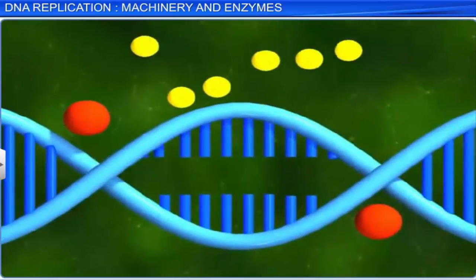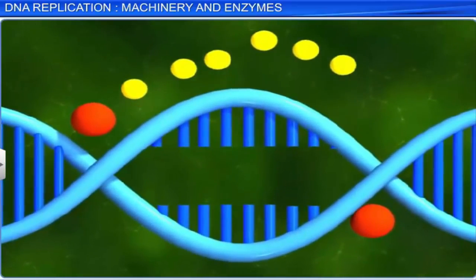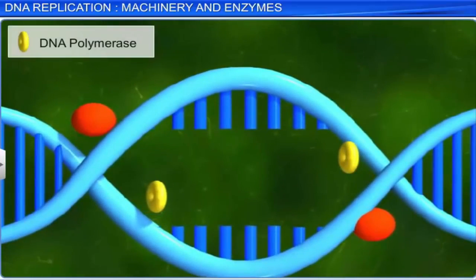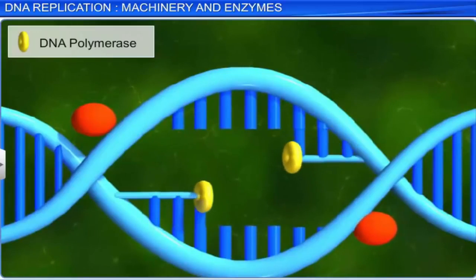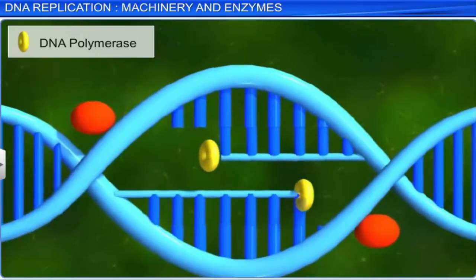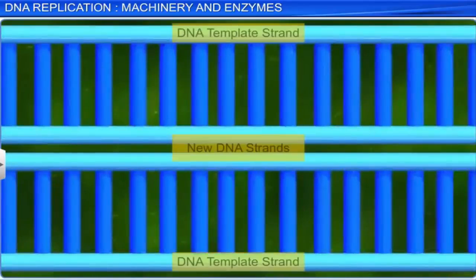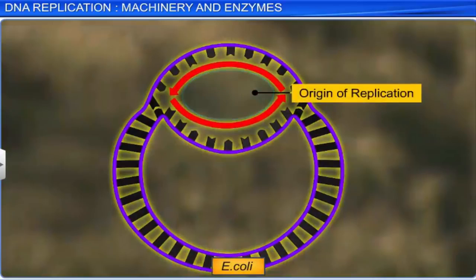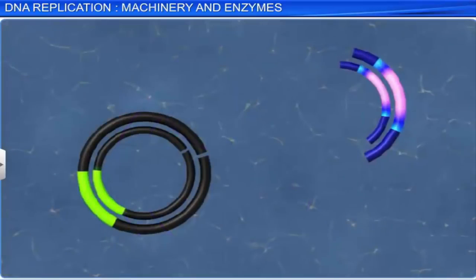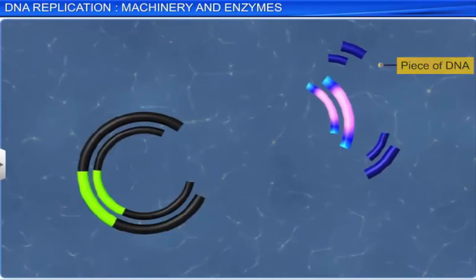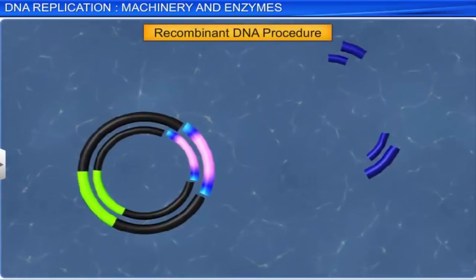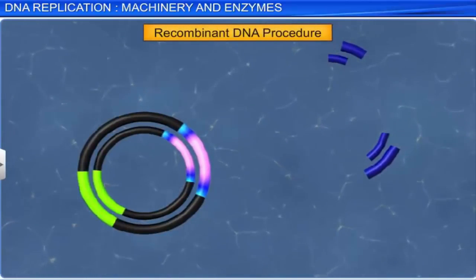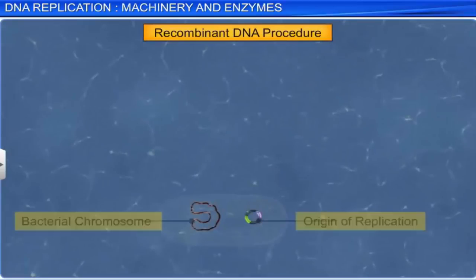For example, the bacteria E. coli has a definite region where the DNA replication originates. Such a region is known as the origin of replication. This is also the reason why a vector is required when a piece of DNA needs to be replicated during recombinant DNA procedures, as it is the vector that provides the origin of replication.